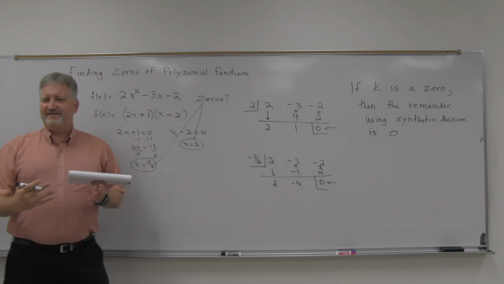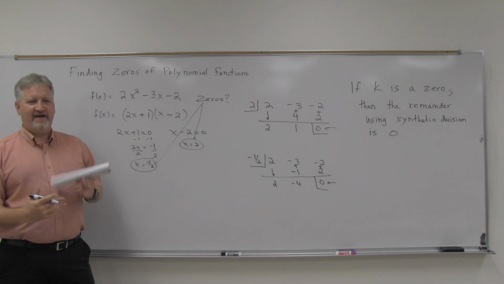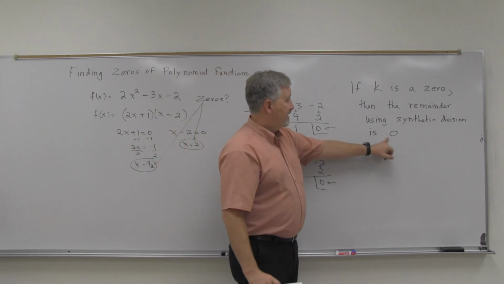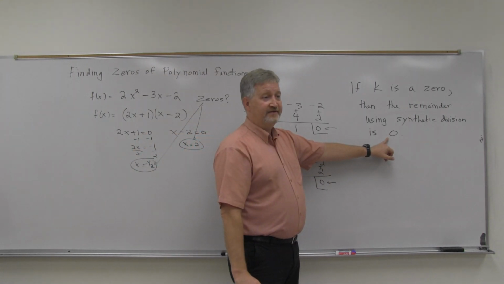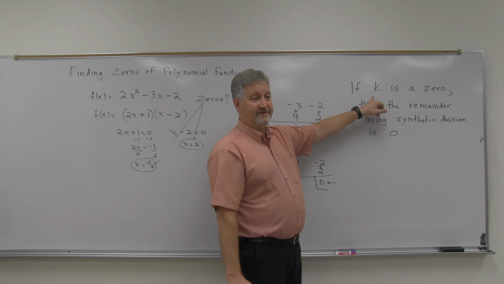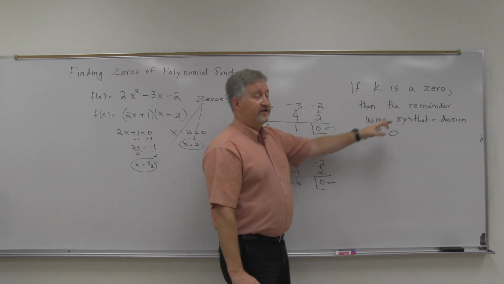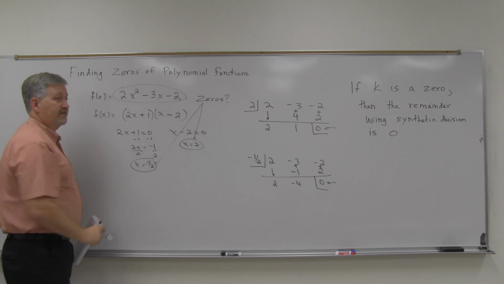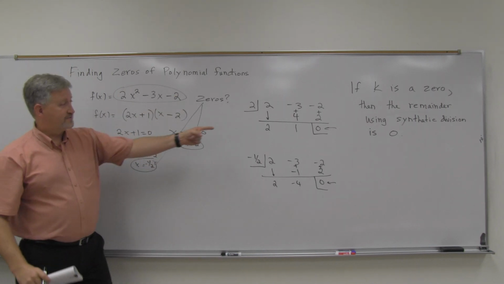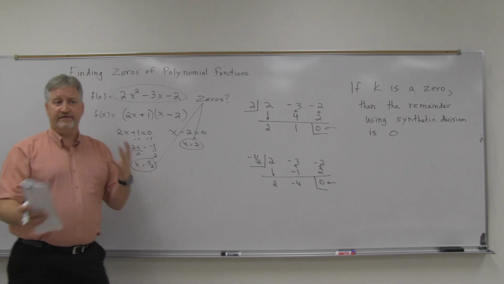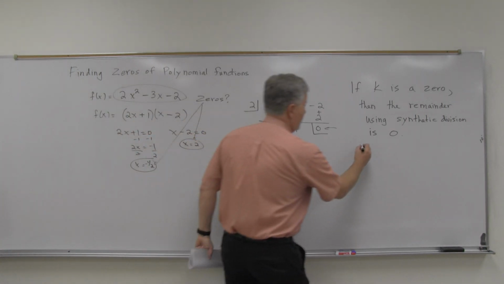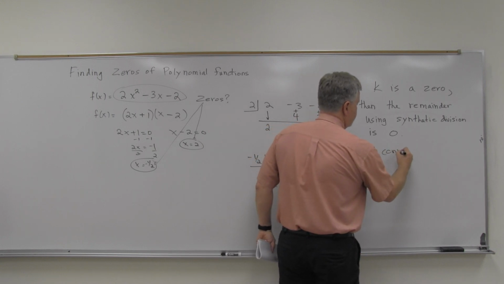Now, for our purposes, we're actually going to use the converse of that, and the converse is true as well. If we get a remainder of 0, then k itself is a zero. We could try other numbers, but those other numbers are not going to give us a remainder of 0. So it is a one-to-one correspondence. The converse is true too.